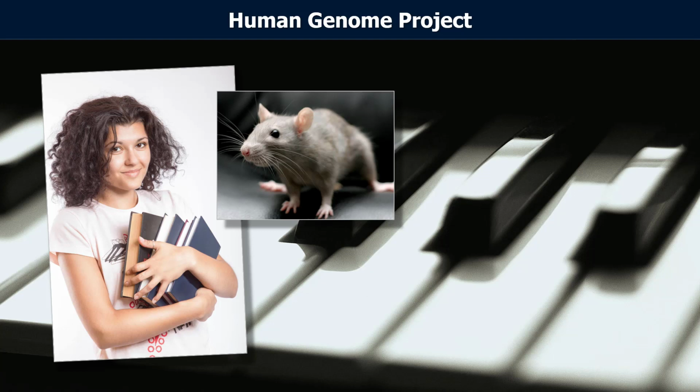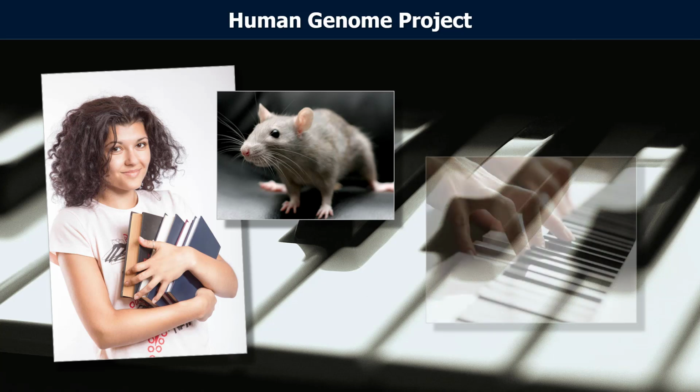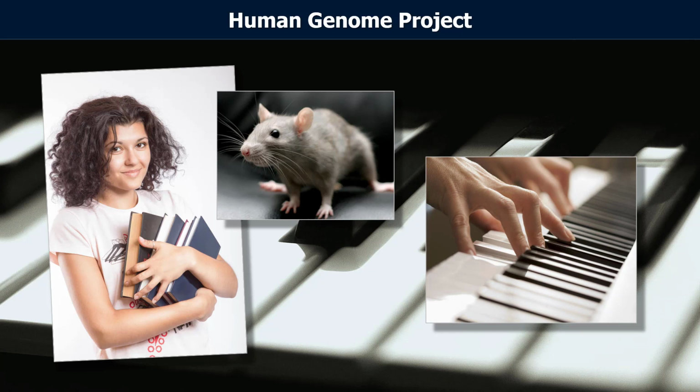You can play 88 different notes. Kind of like a genome with 22,000 genes can play 22,000 different proteins. So the difference between Bach and Beatles and Beastie Boys and Beyonce and Black Eyed Peas is not a matter of the keyboard. It's a question of which keys, which notes are being played at what time and in what combination, and then chronologically the pattern that plays out over time.